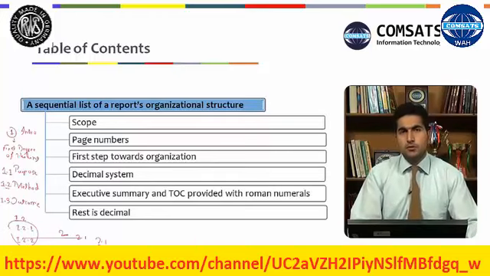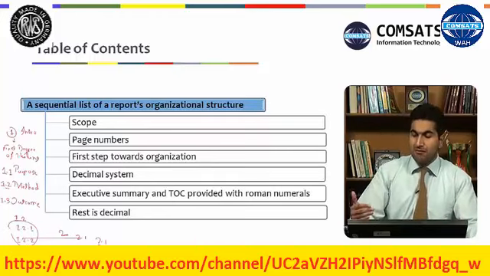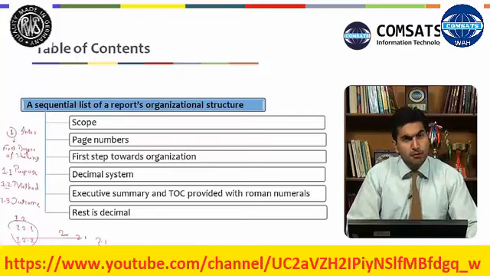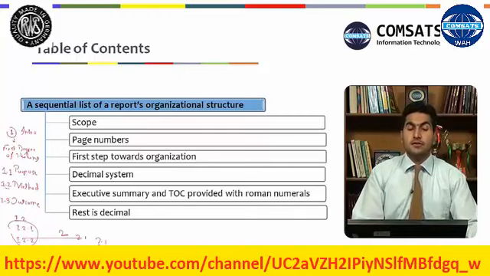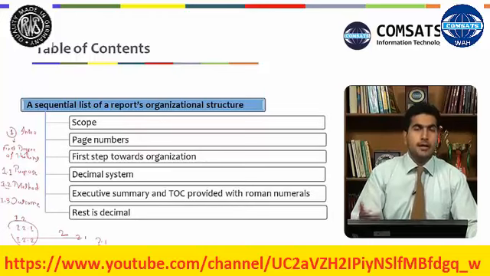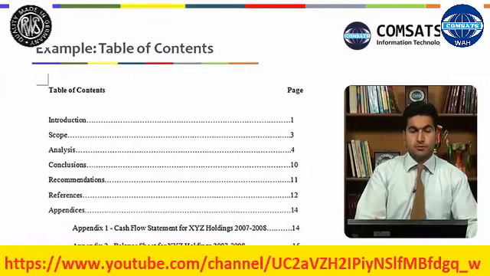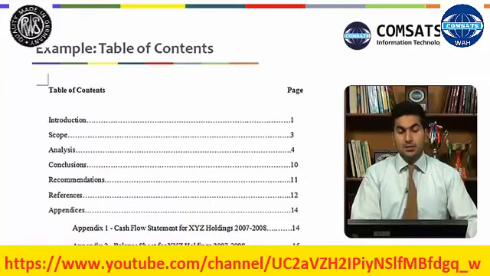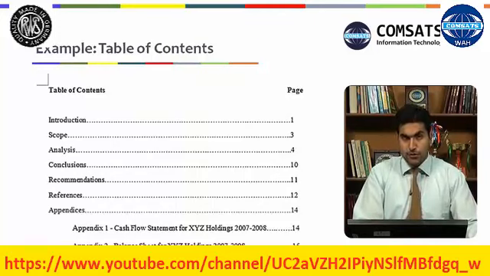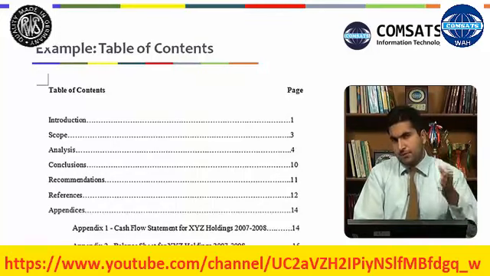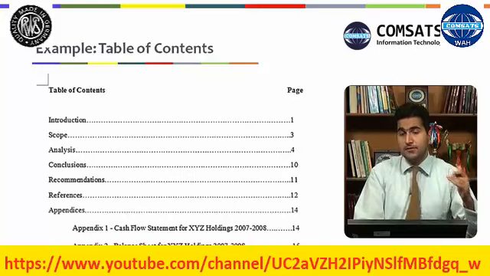So the basic purpose was to just give you an idea of what basically a table of contents is, what basically is the significance of a table of contents, and then you can of course say that now you're in a position to prepare a table of contents like this one. So you see, it is not that detailed, but you will find multiple books where you have subsections and sub-subsections of the main section.